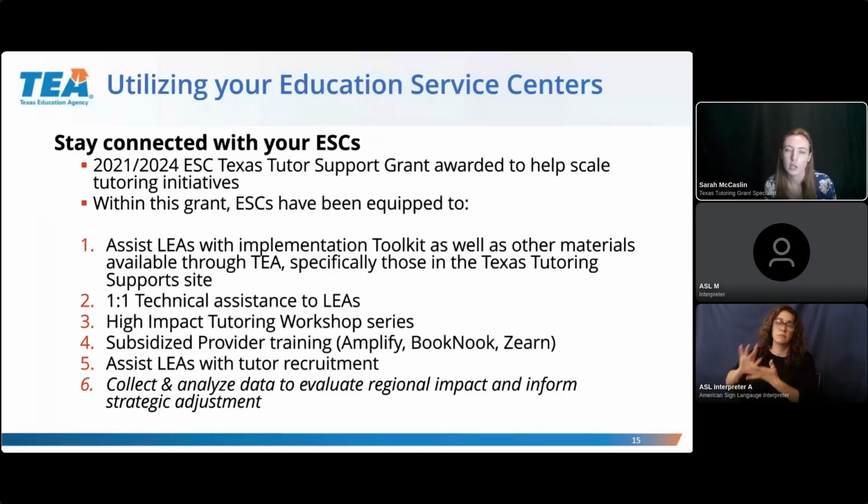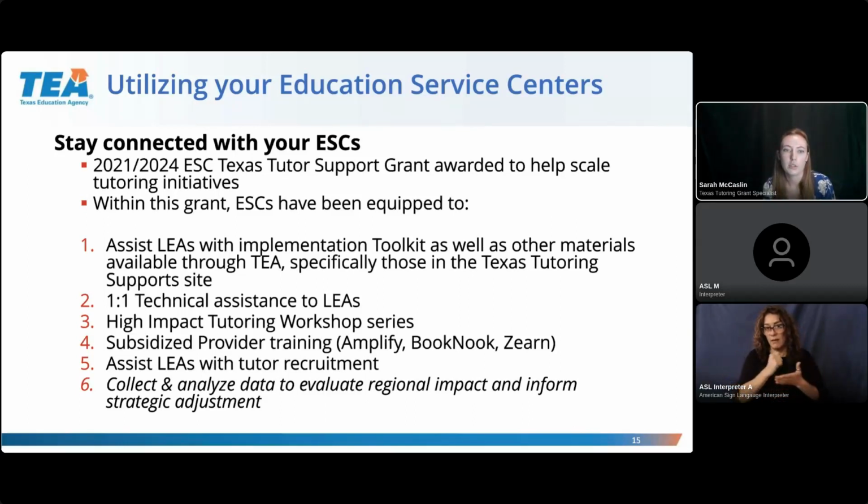They also have a 21-24 support grant to help scale tutoring initiatives that coincide very closely with both Decision 6 and now that Decision 11 has entered the playing field, there's some supports there as well. Within this grant, the ESC has been equipped to do a number of things.